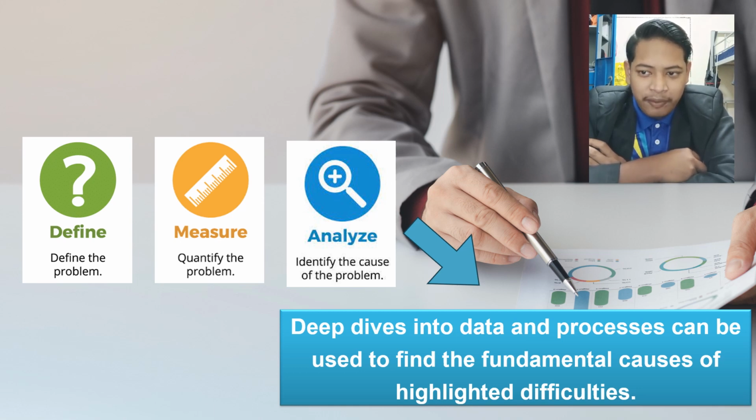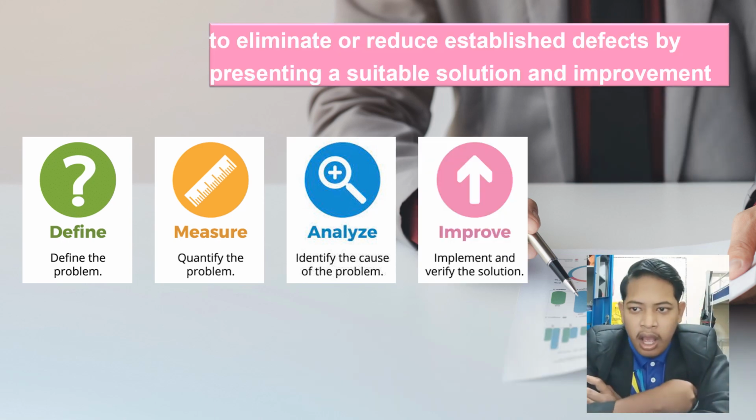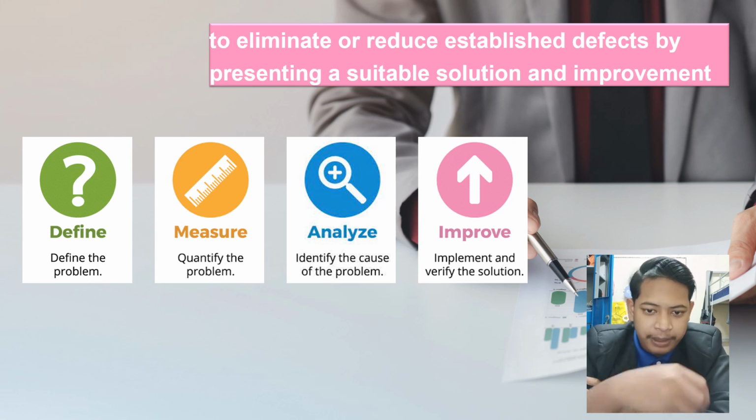We deep dive into the data and processes that can be used to find the fundamental cause of the highlighted difficulties. After we find the root of the problem, we need to improve the process. By using the improve step, we can eliminate or reduce established defects by presenting a suitable solution and improvement.